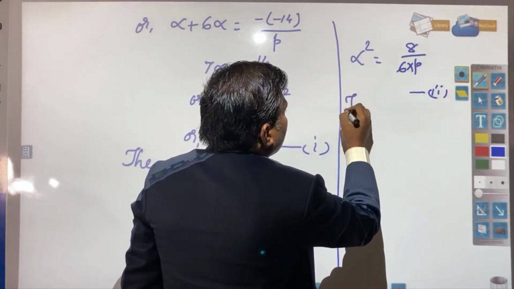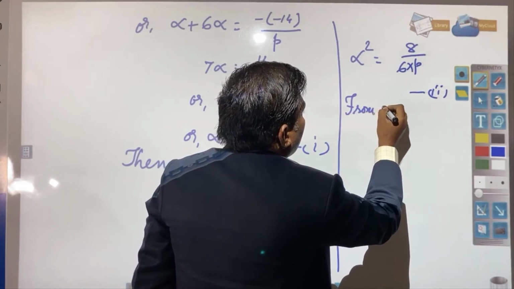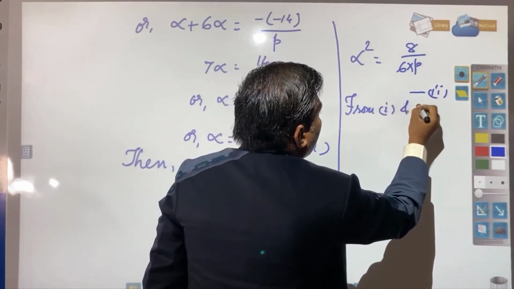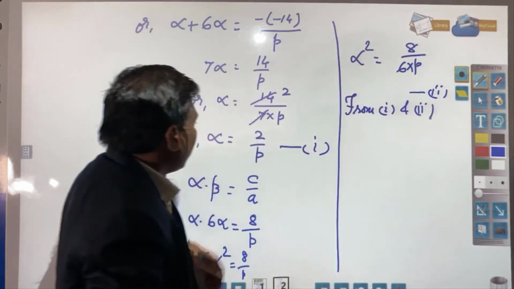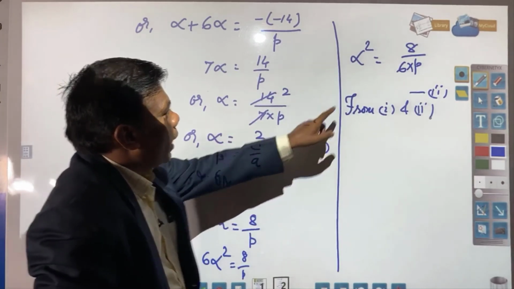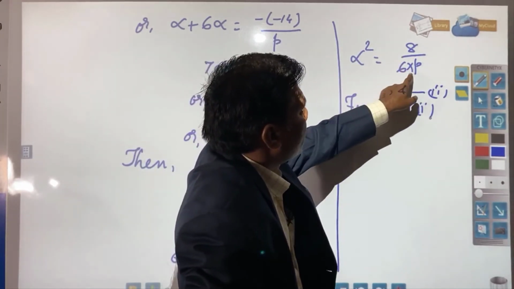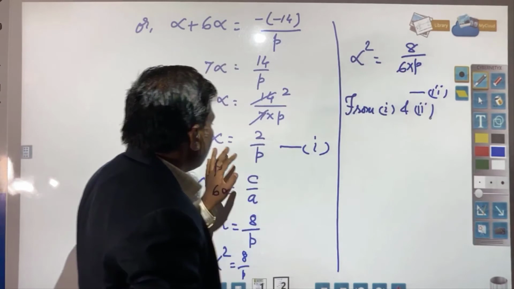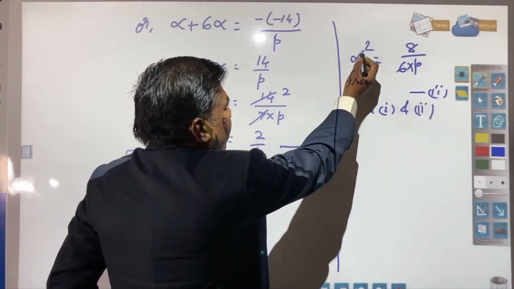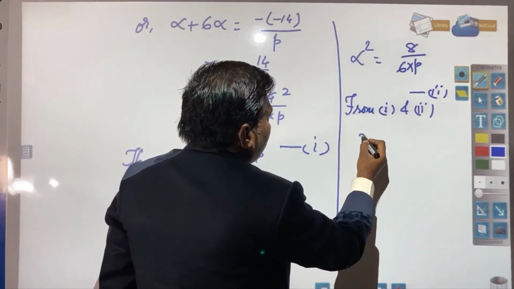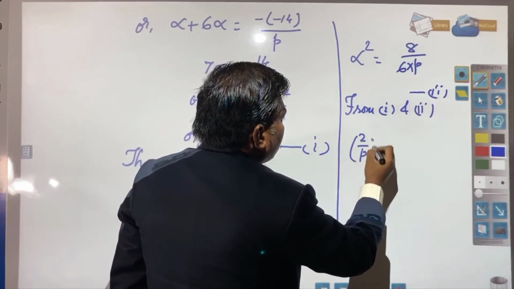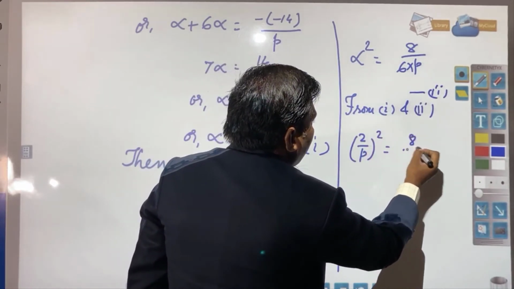So, from equations 1 and 2, we have alpha is equal to 2 by p and alpha square is equal to 8 by 6p. Just put the value. In place of alpha square we can write 2 by p whole square is equal to 8 by 6p.